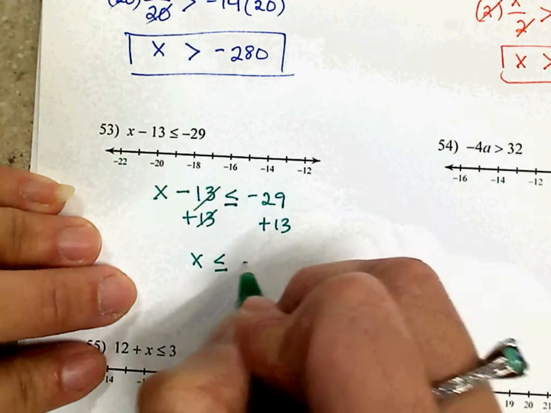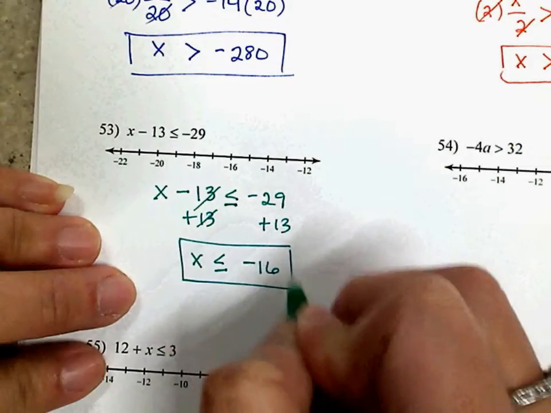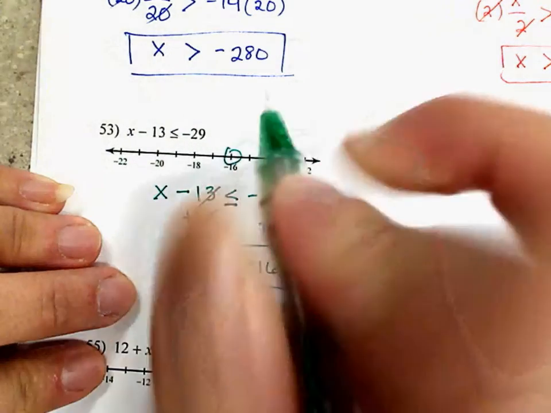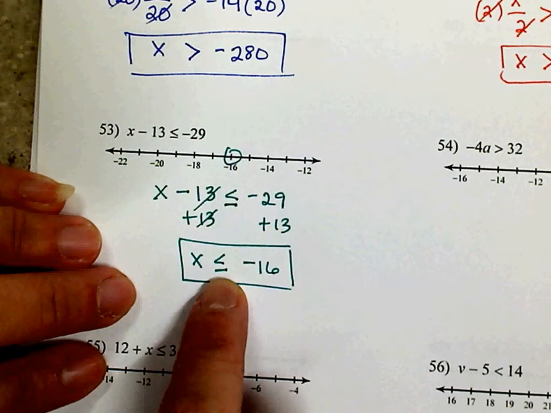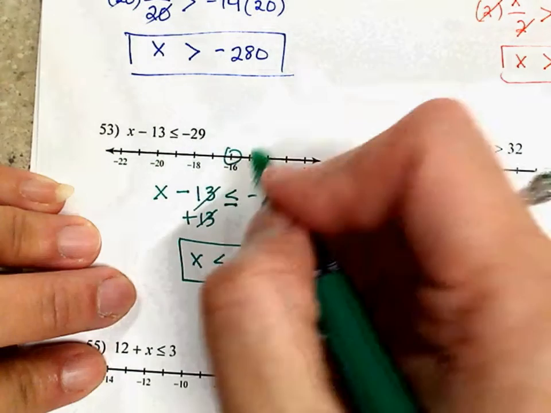Negative 16. Very good. Now, Melissa, see how there's an equal? Open or close? Close. Very good. All right.